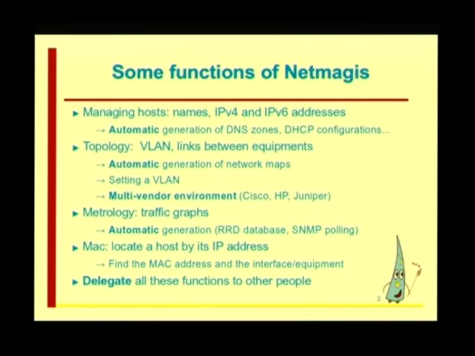Another interesting part of netmagis is the integration of the metrology. So that's all things related to measure, mainly traffic graphs. There is an automatic generation of the RRD databases and the automatic starting of SNMP polling. Then another module is called MAC.